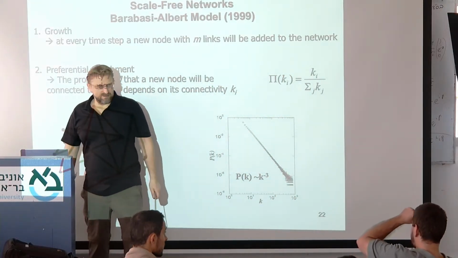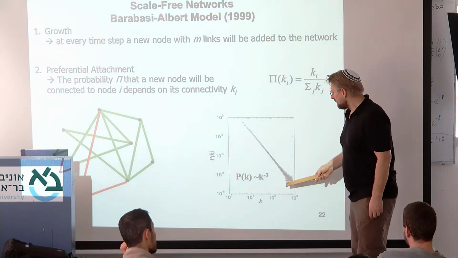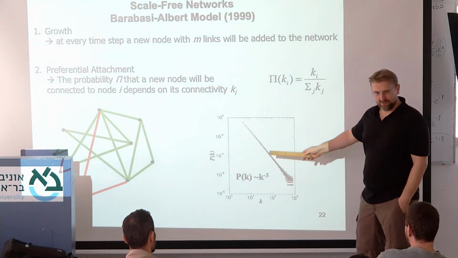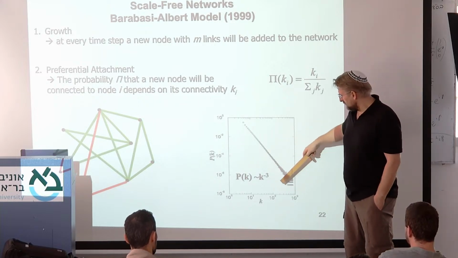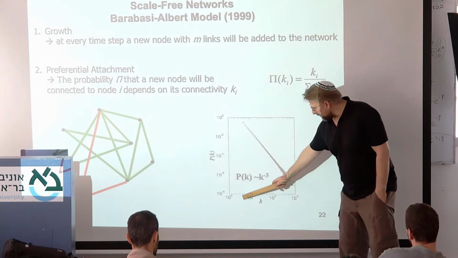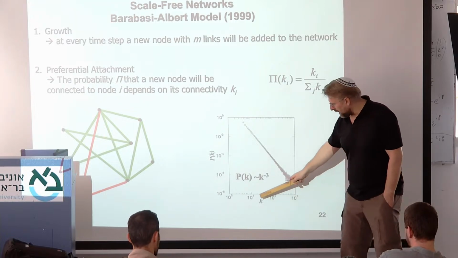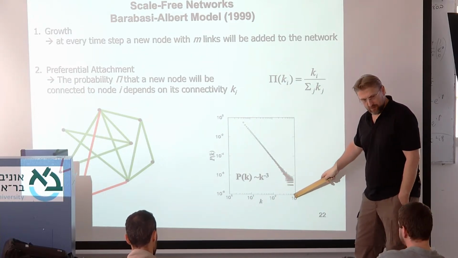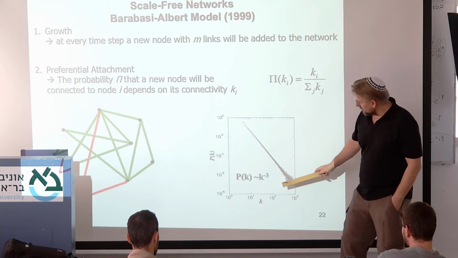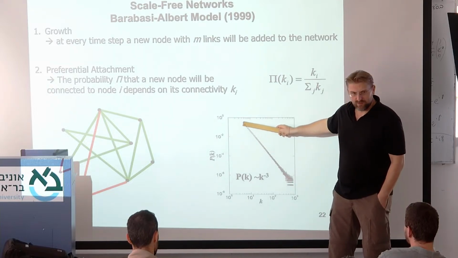Can you explain the x and y axes, what they are? Okay, so this is like what we had with the number of links and the probability. So you have here the number of links that you are connecting to, or how rich you are. Number of links is like richness. And then you have a lot of nodes that are very poor, have only 1 or 2 links, and the probability to be in that.